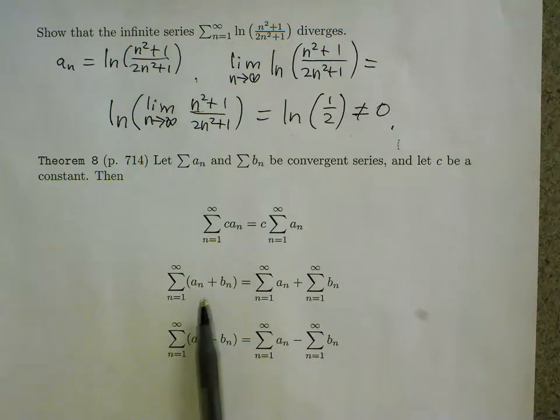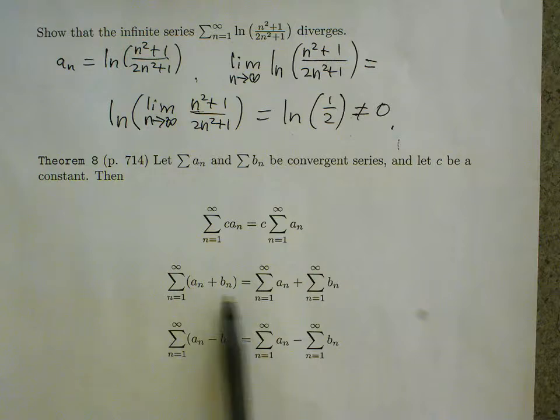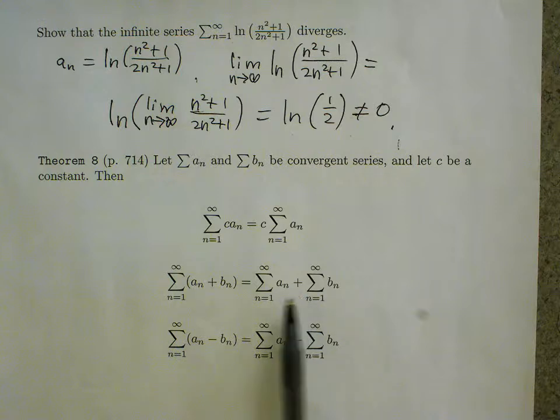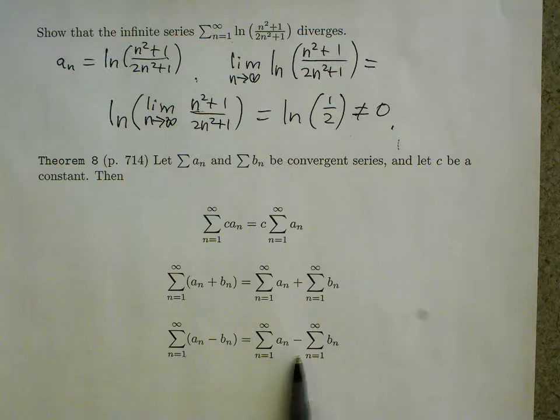And then if you have a series of a sub n plus b sub n, then that can be written as the sum of the series of a sub n and the series of b sub n. And also for differences, the series of a sub n minus b sub n is equal to the series of a sub n minus the series of b sub n.